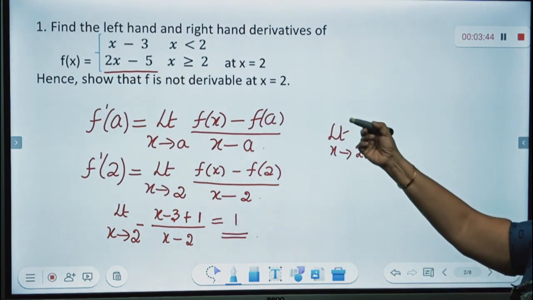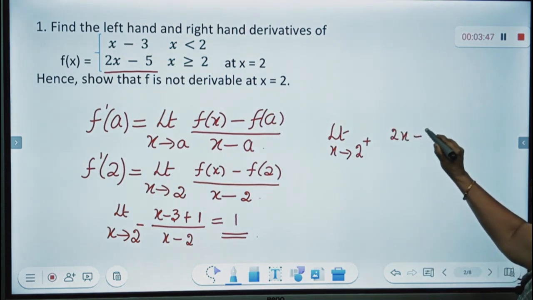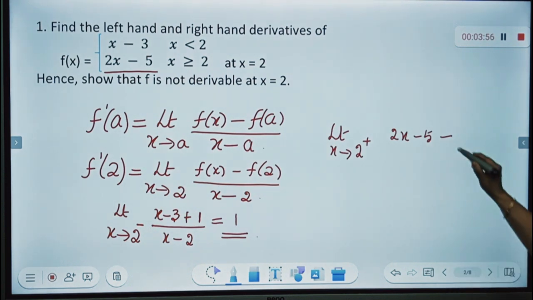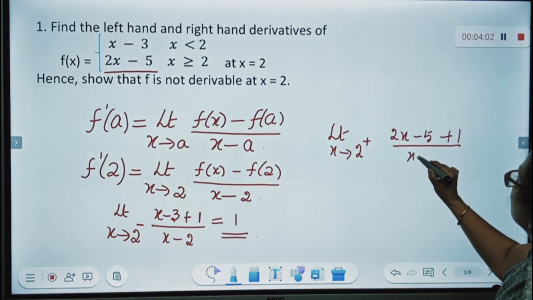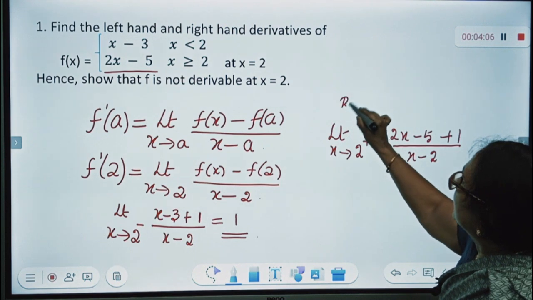So when x is greater than 2, what is the function? 2x minus 5. So f of x is 2x minus 5 minus f of a, which is f of 2. What is f of 2? Minus 1. So this minus of minus 1 is plus 1, divided by x minus 2. This is your right hand limit.